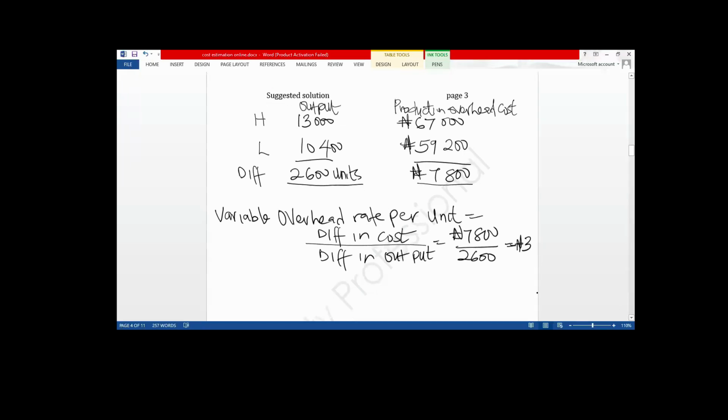All right. Let us look at both levels. High level or low level. Output at high level, 13,000 units. Output at low level, 10,400 units.